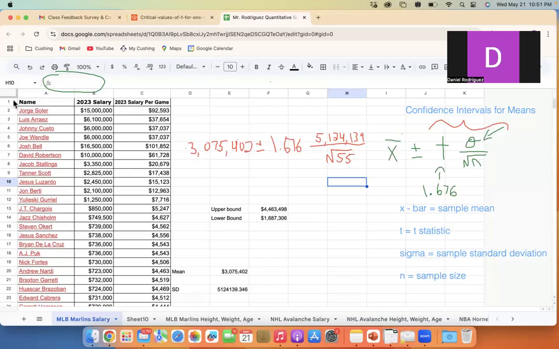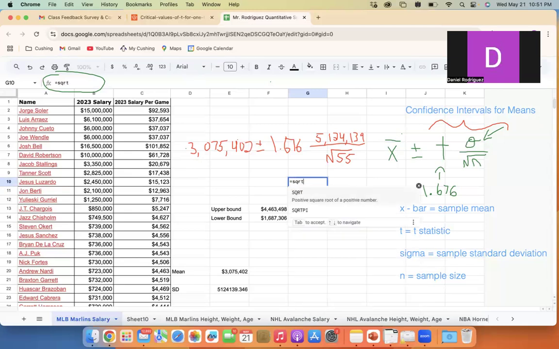Okay, so let me do some of this math for you guys in the spreadsheet, to kind of show you guys how you might do it. So let's just find the square root of 55 first. Okay, that comes out to this. So I am going to figure out what is 5,124,139 divided by the square root of 55.